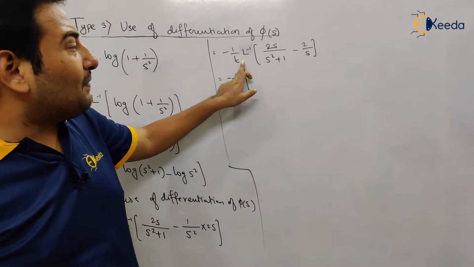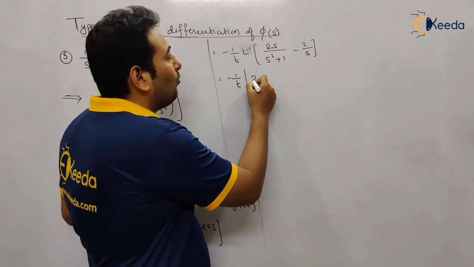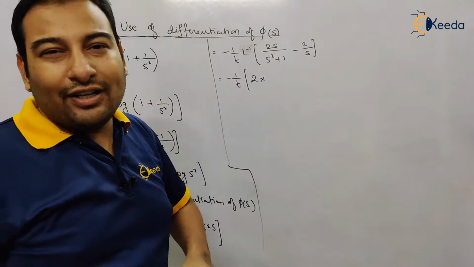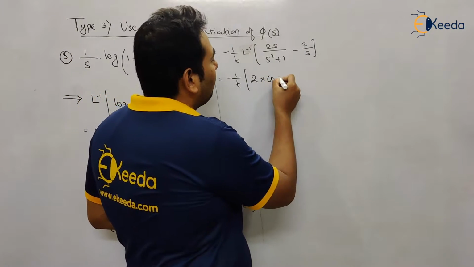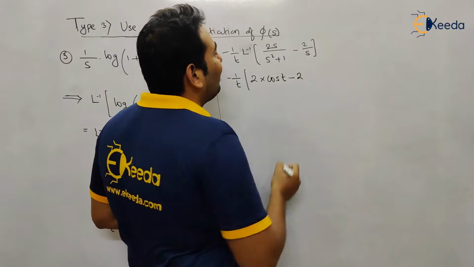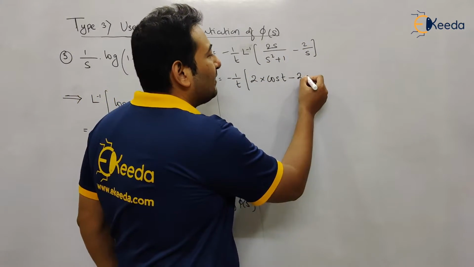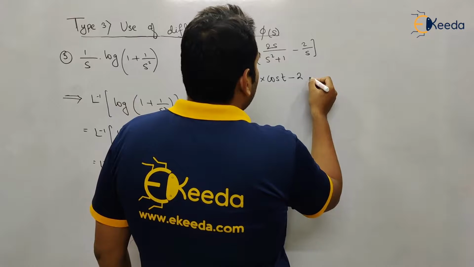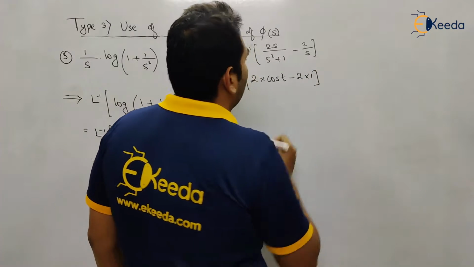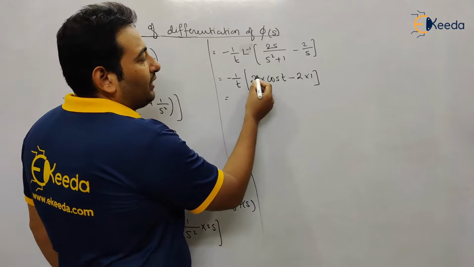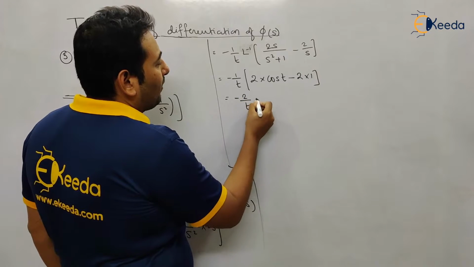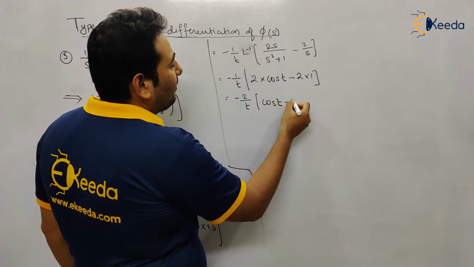Now if we separate Laplace inverse here, 2 is a constant, s upon s square plus 1, its Laplace inverse is cos t, minus again this 2 is a constant term, 1 upon s Laplace inverse is 1. Here you can take 2 common, inside you will be left with cos t minus 1.